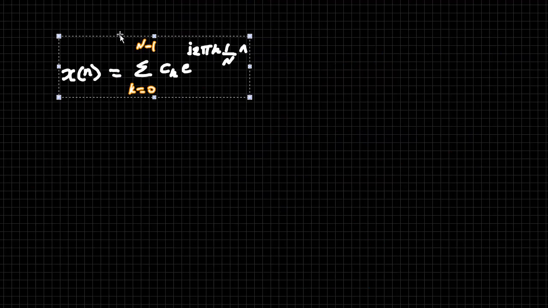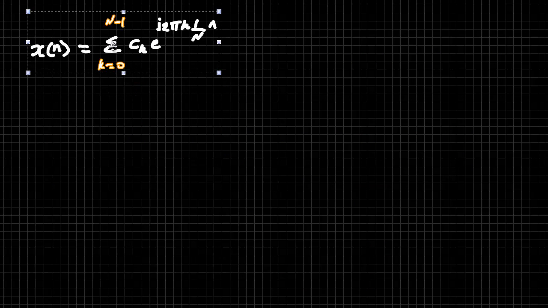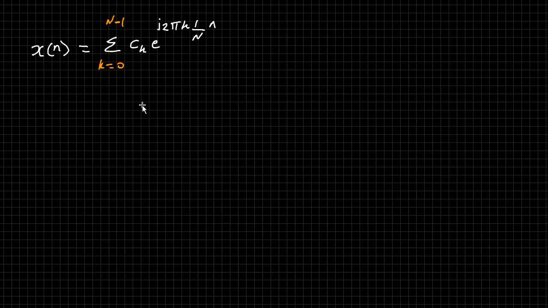Okay, so let's now copy that and begin to think about the next step, which is to consider the analysis equation. Now, hopefully, you will remember my discussion on the analysis equation when I looked at the continuous case. If not, please go back and have a look, review.